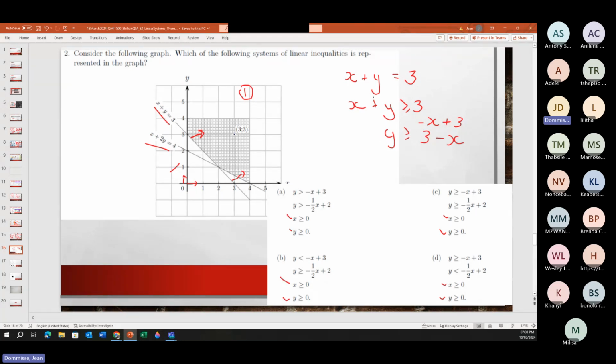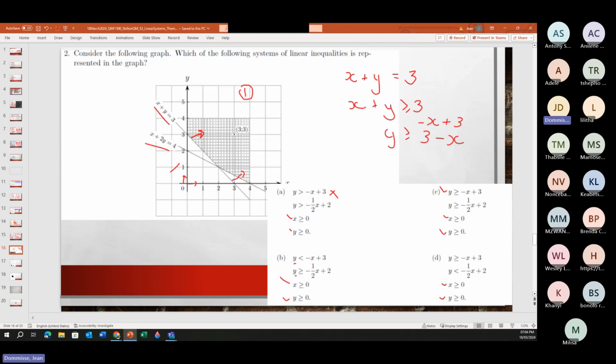Then if we simplify, because you can see all of them have y as the subject of the formula, we've got y bigger or equal to 3 minus x, so minus x plus 3, bigger or equal to. So that one seems correct.